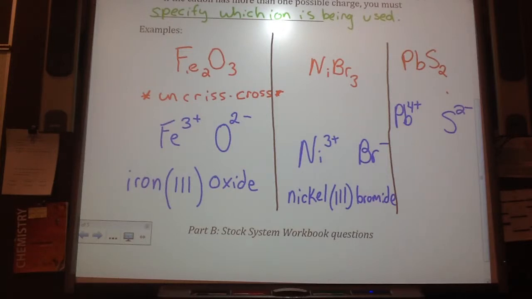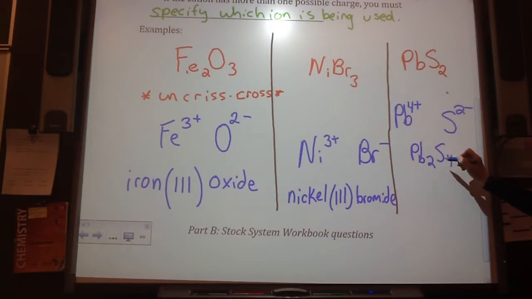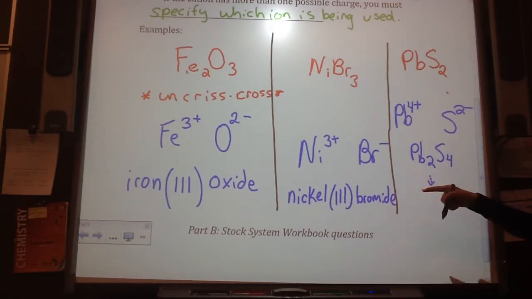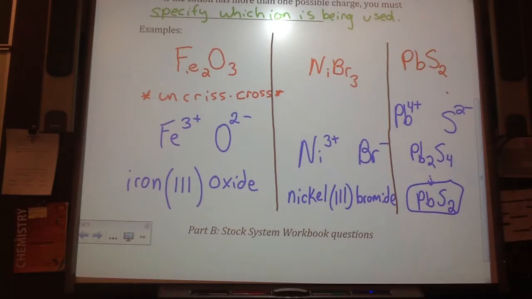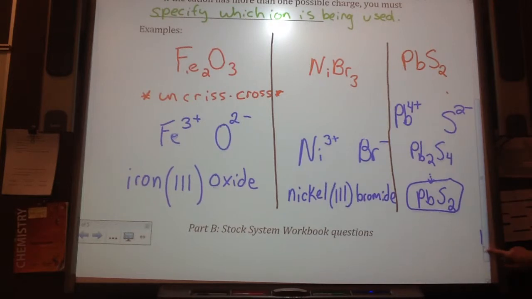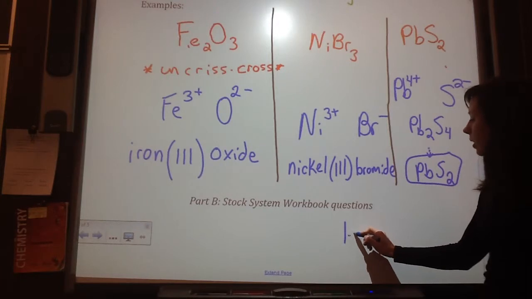Lead. Because when I crisscross this, I get Pb2S4, which then you reduce to the lowest common denominator of PbS2. Okay, so that's how I got from there. That's a hard one. Will there be questions like that? Oh yeah. So now the answer is to name it. So now we call it lead.